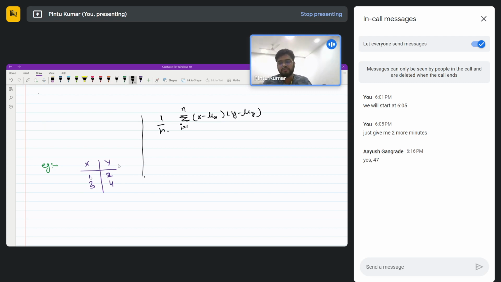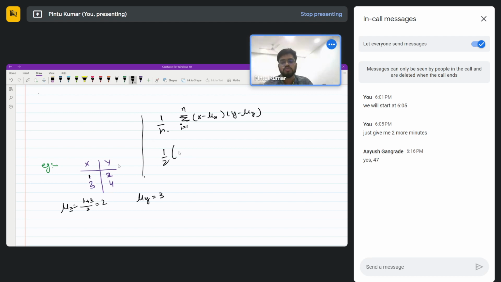So what is mean of x over here? Mean of x would be 1 plus 3 divided by 2, that is 2. What is mean of y? Mean of y is 3. Now what is the covariance? Covariance is 1 upon 2, that is 1 upon n, then we will sum. So what is my x minus mu x?